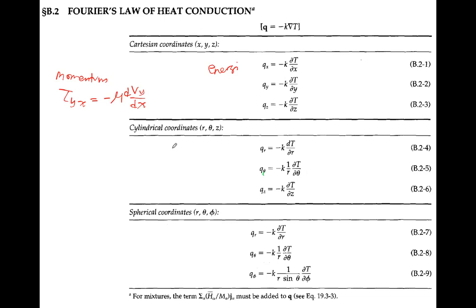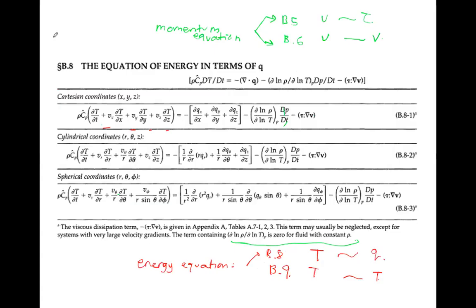Another one in the appendix that you need to know is appendix B8, the equation of energy. Again, for example, in the momentum, you have appendix B5 and B6: the equation of momentum related to the tau, and also the equation of momentum related to the velocity. For the equation of energy, you have appendix B8 and also B9.